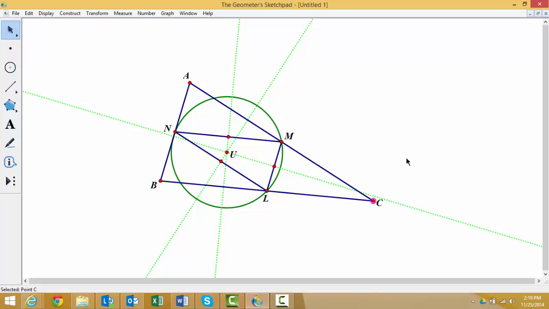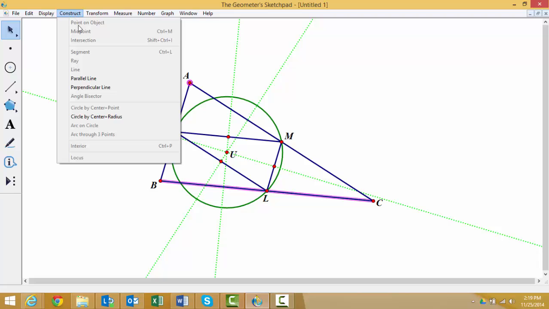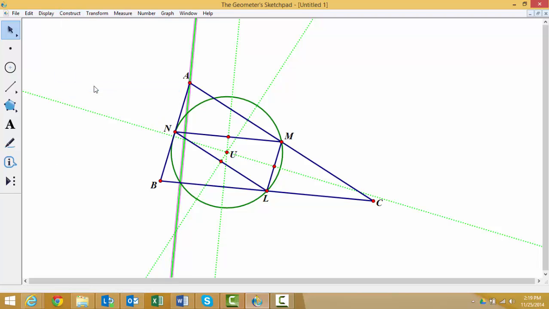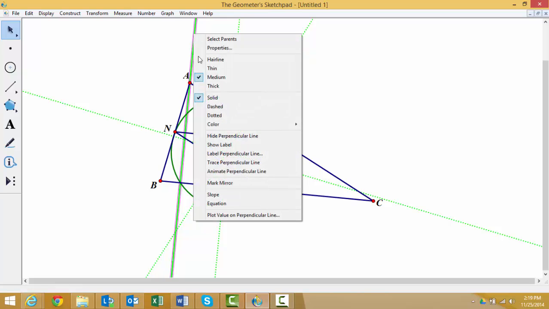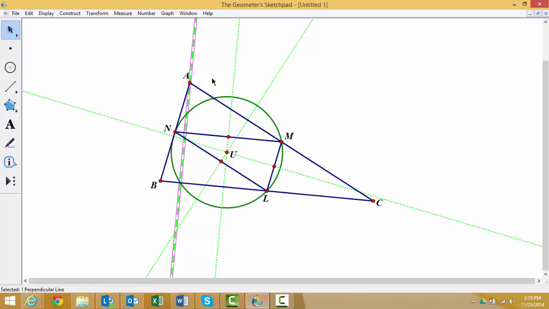Now what I'm going to do is draw altitudes of the triangle ABC. So what do I mean by altitudes? Take the point A and the opposite side. I want to construct a perpendicular line. Let me make that a dashed line.